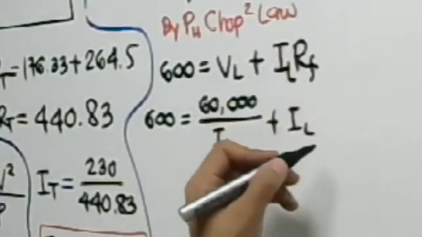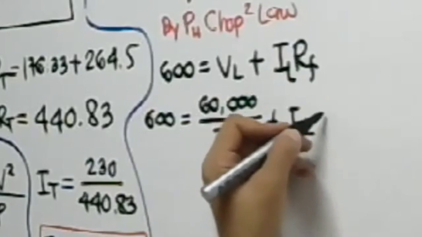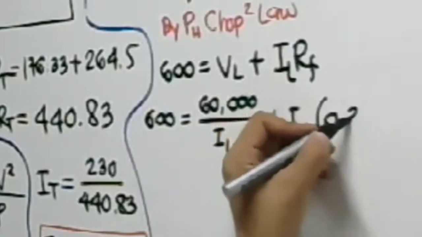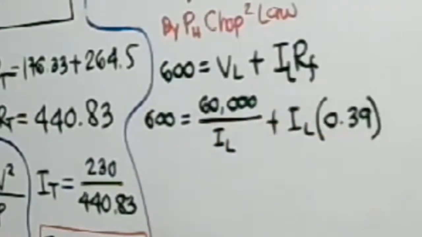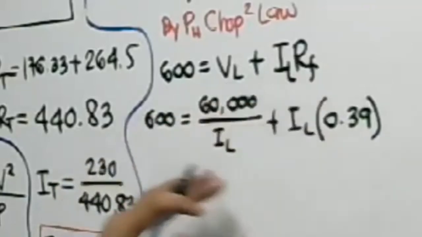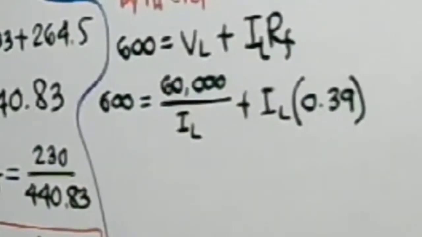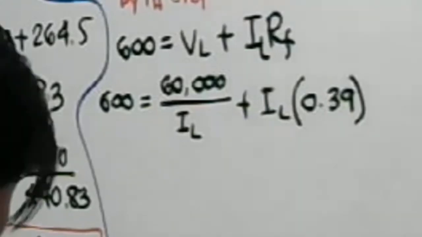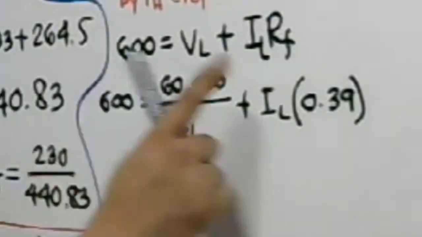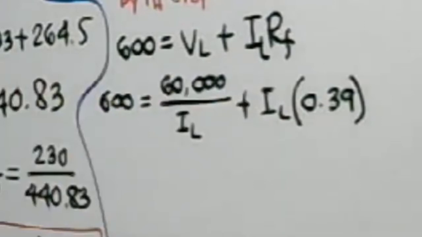Our RF is what? 0.39. Okay, we can solve this value in our calculator. Well, actually, if we take a look at this equation, let us solve this algebraically.